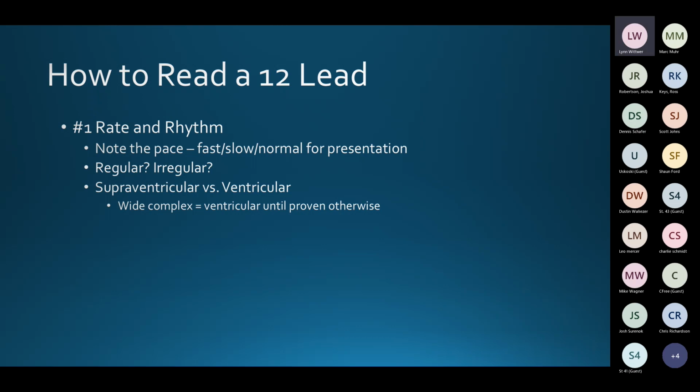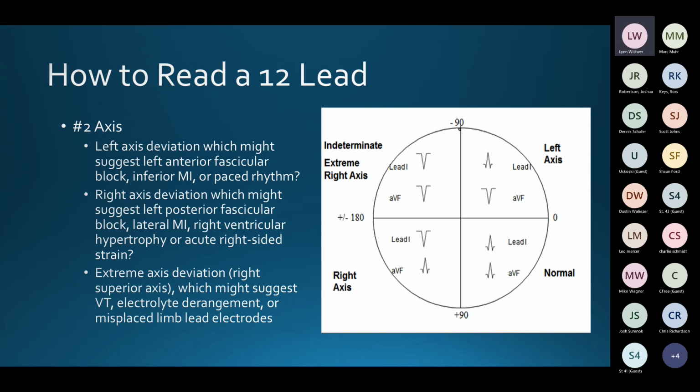So if you have a fast rhythm with a wide complex and you're unsure what the source is, it's safest for the patient to assume this is a VTAC rather than a supraventricular tachycardia with a wide complex. Now, of course, we see lots and lots of cases of atrial fibrillation with aberrant conduction, which gives us a wide complex.